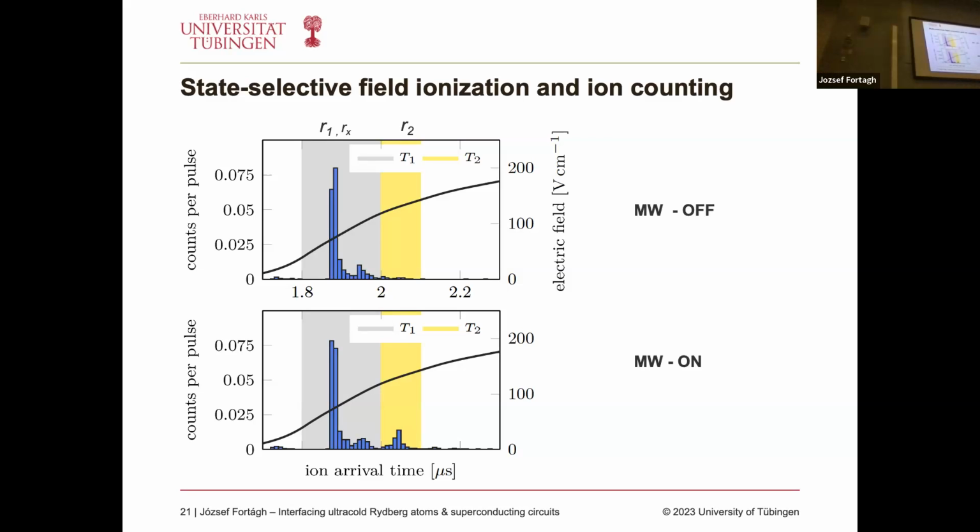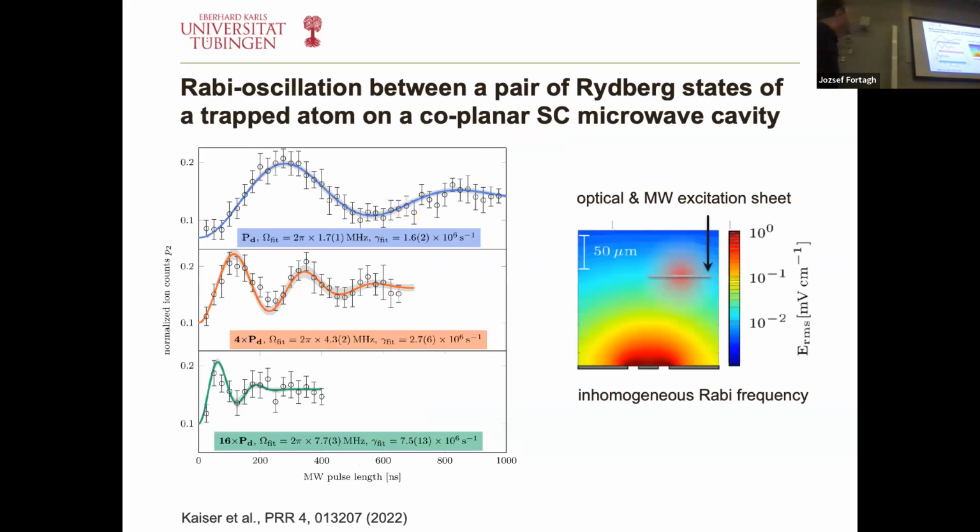With this scheme, we now compare the number of detected ions during T2 and T1 as a function of the microwave pulse length, and observe an oscillation which depends on the power of the microwave. What we see again is an oscillation which is strongly damped. And this is still because the driving field of the cavity is inhomogeneous.